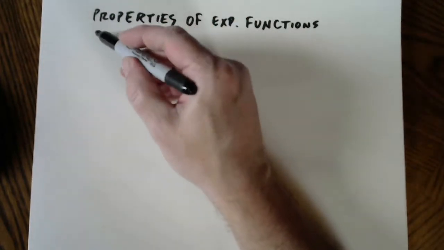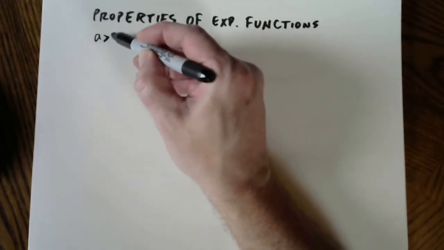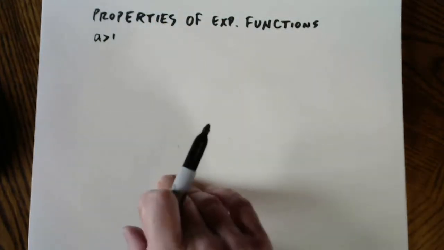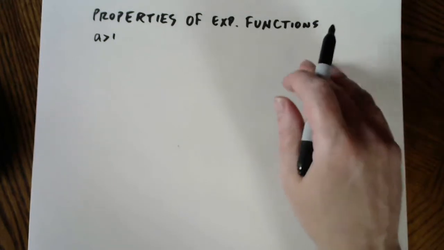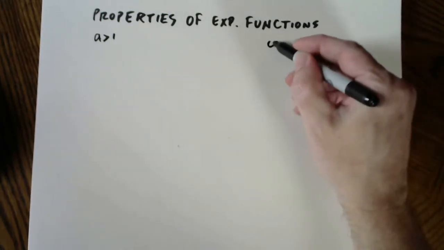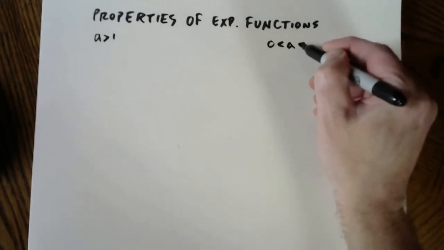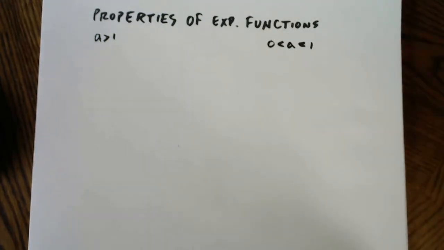If a is greater than 1, you have a list of properties. If a happens to be between 0 and 1, like a fraction, a half, whatever, the properties look different. So we're going to separate the two cases.